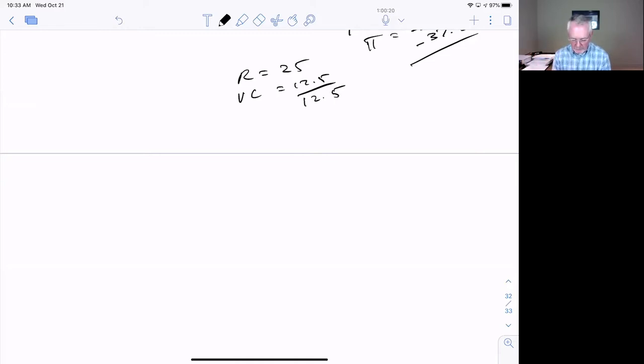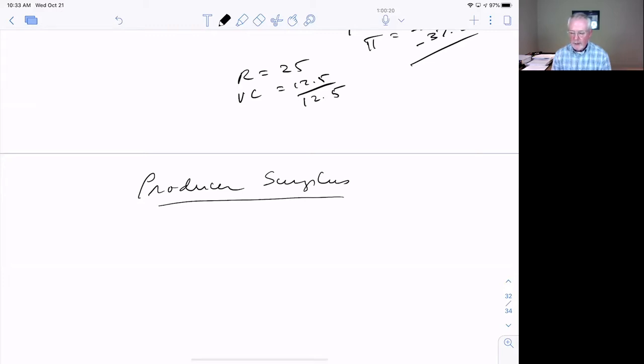For now, let's talk about a final topic in this chapter, and that is producer surplus. This is the counterpart to consumer surplus on the firm side.